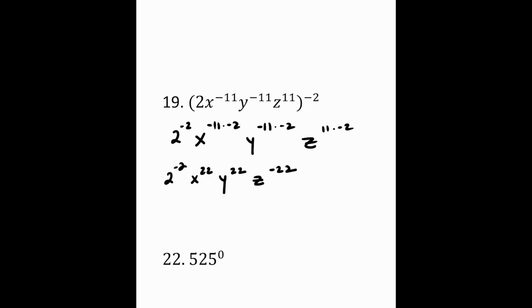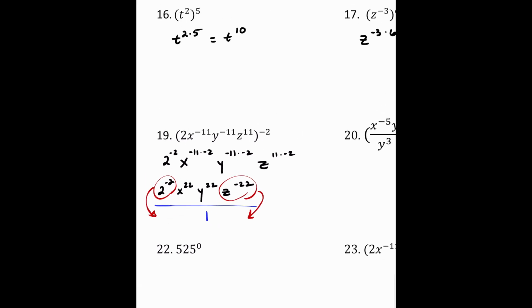So let's put this all over 1 and then simplify. We have a negative exponent for this 2, so it's going to move to the other side. And also z to the negative 22nd power, we're going to move that to the other side. So what remains up top is x to the 22nd power times y to the 22nd power, all over 2 squared times z to the 22nd power.